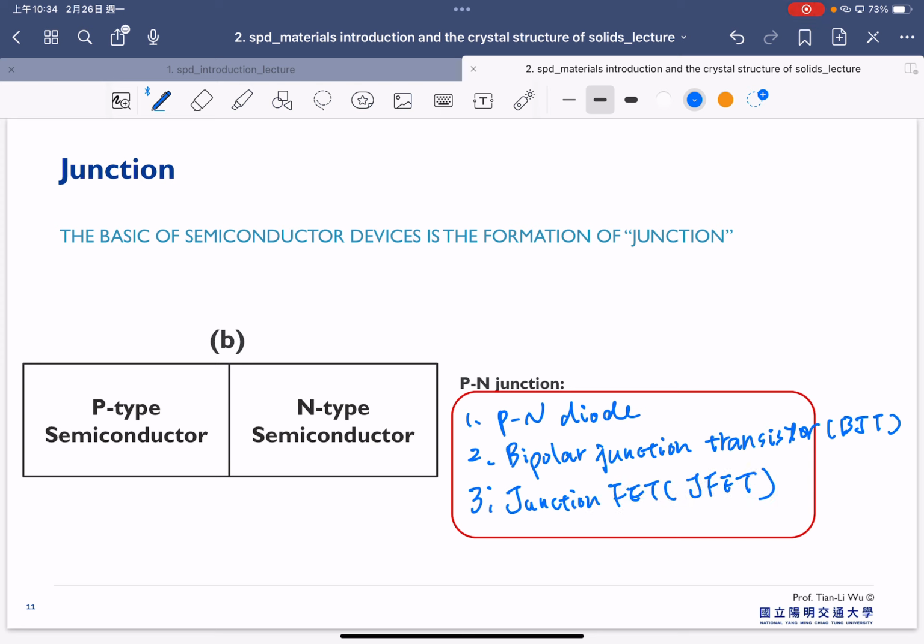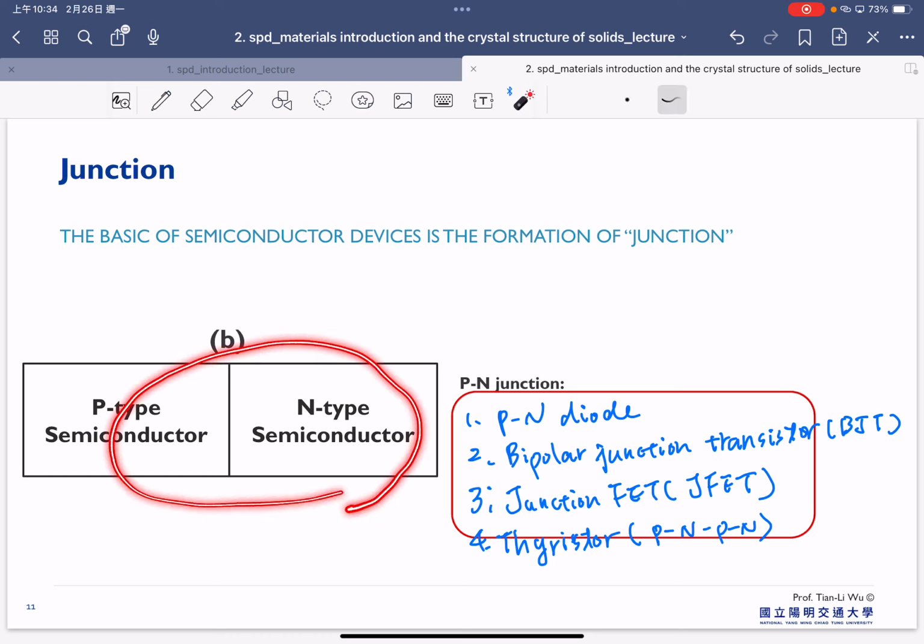And the last one is a thyristor, which is a structure that has a PN-PN combination. So I think for PN diodes, for sure, this is already the structure for the PN diode. And then in between, we have the PN junction here.